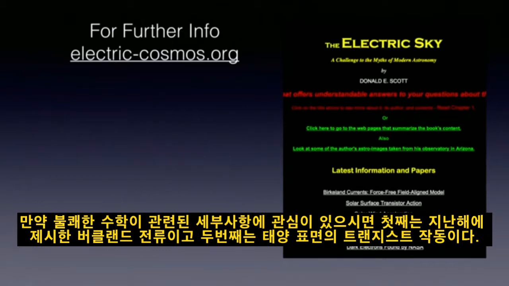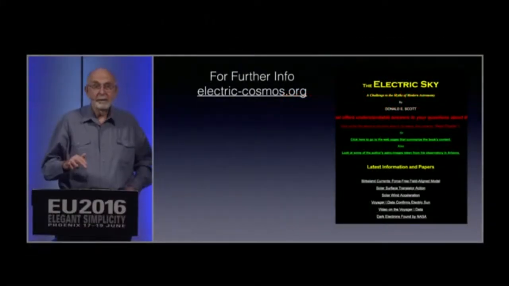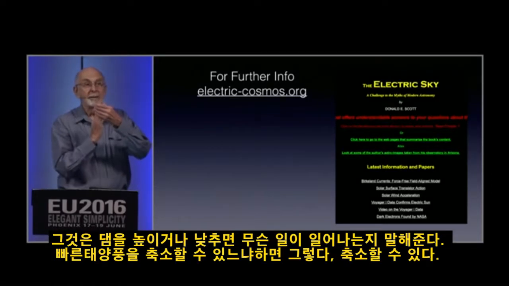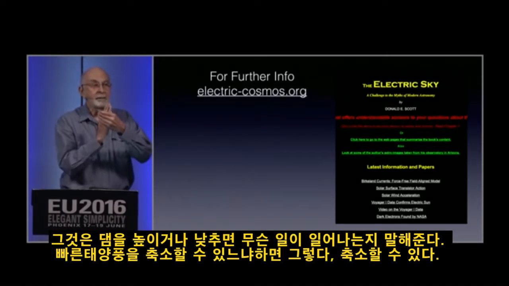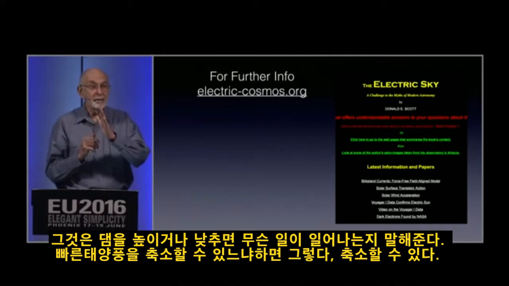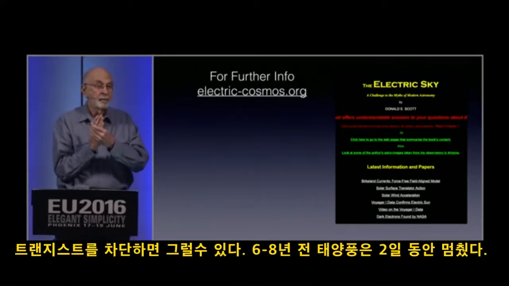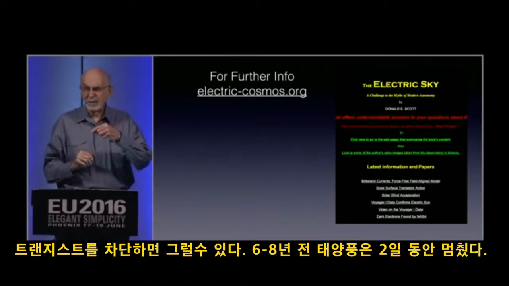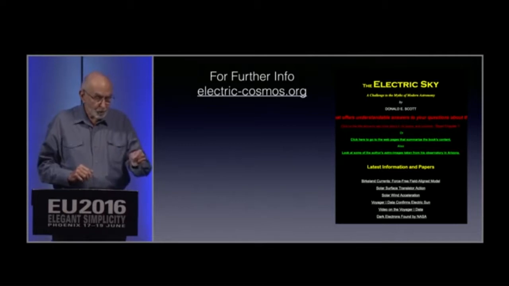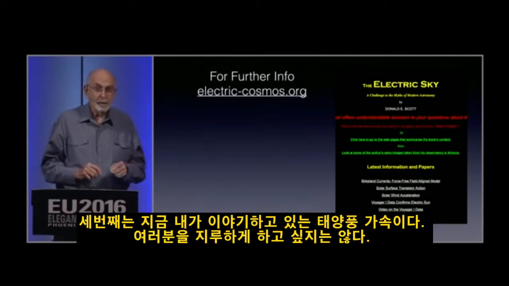The second one is the solar surface transistor action, which says what happens if you raise or lower the dam, and can you curtail the fast solar wind? Yeah, you can cut it off, just like you can cut off a transistor. The solar wind stopped for 2 days, back about 6 or 8 years ago. The third one is what I'm talking about now, the solar wind acceleration.